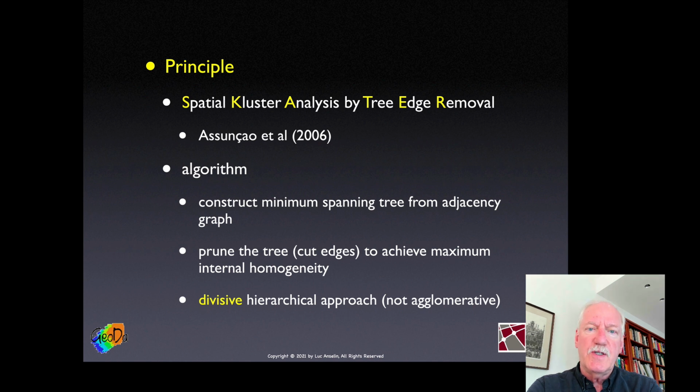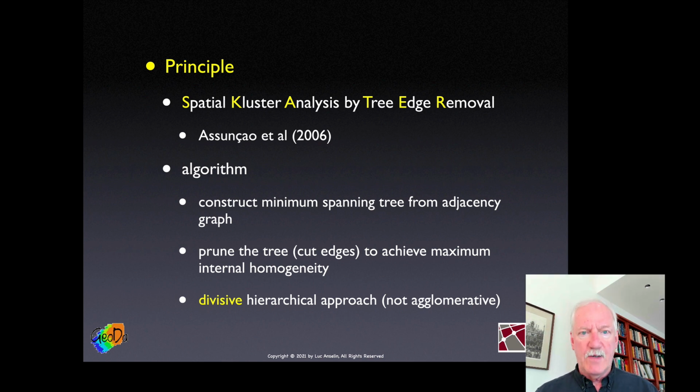So we take the adjacency graph as a representation of the connectivity structure and make it a weighted graph where the weight of each of the edges, so each observation is a node, the connections between the contiguous observations are the edges in the graph, and then the weight of that edge is the distance in attribute space between the 2 nodes that are connected. So instead of having real distance, geographical distance, as we had in the context of spatial weights, now we make it attribute distance, as in most of these clustering techniques.